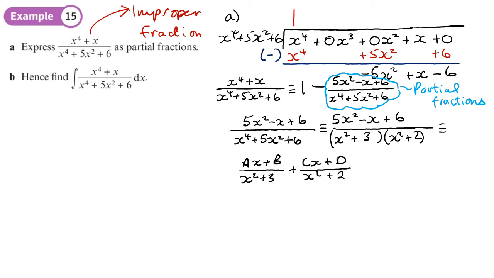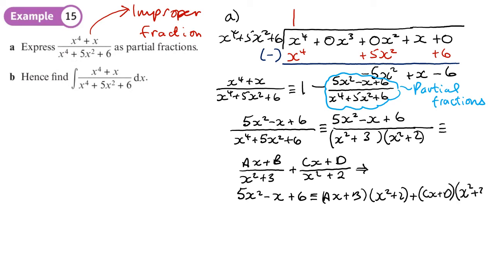like that. So from there I can say that my numerator needs to be equivalent to ax plus b times x squared plus 2 plus cx plus d times x squared plus 3.